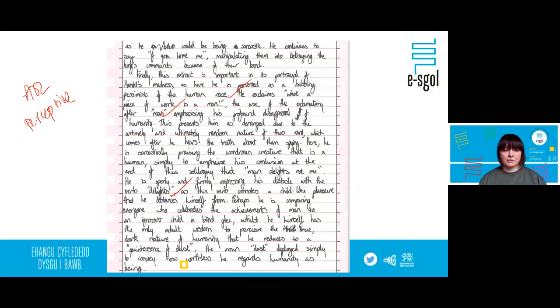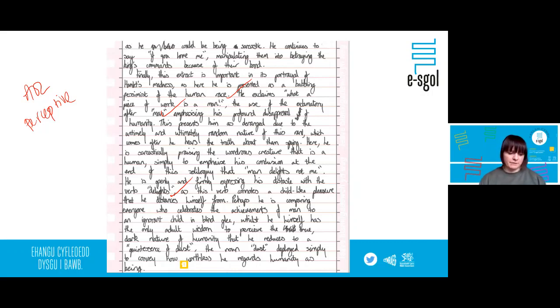As this verb connotes a childlike pleasure that he distances himself from. Perhaps he is comparing everyone who celebrates the achievements of man to an ignorant child in blind glee, whilst he himself has the only added wisdom to perceive the true dark nature of humanity, that he reduces to a quintessence of dust. The noun dust, deployed simply to convey how worthless he regards humanity as being.